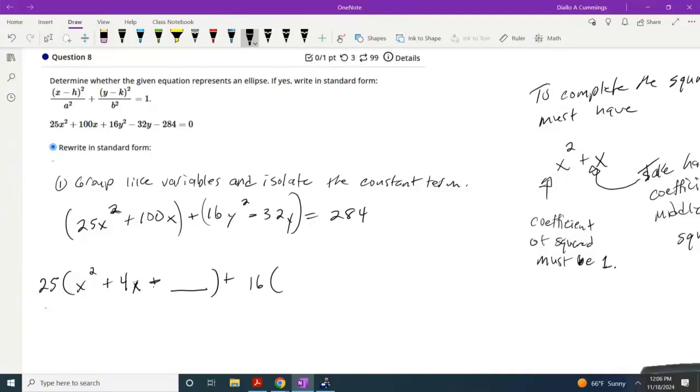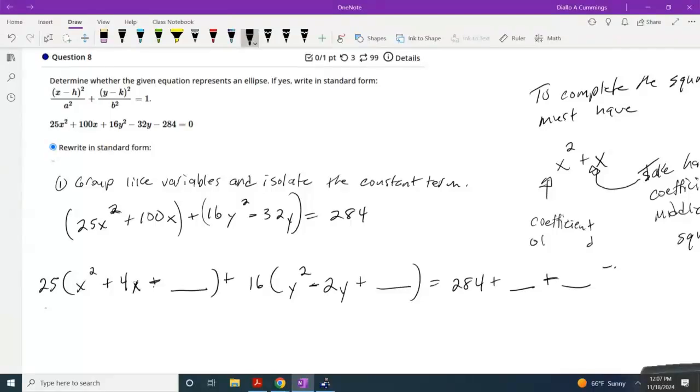Inside my parentheses I should have y squared minus 2y, because 16 times y squared is 16y squared, and 16 times negative 2y is negative 32y. So I'm going to put a plus and a blank. And on the other side, I'm going to put 284, plus blank, plus blank.